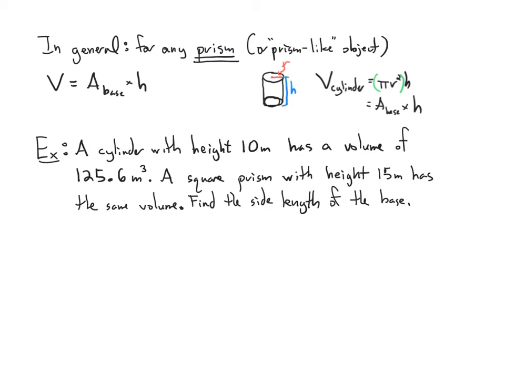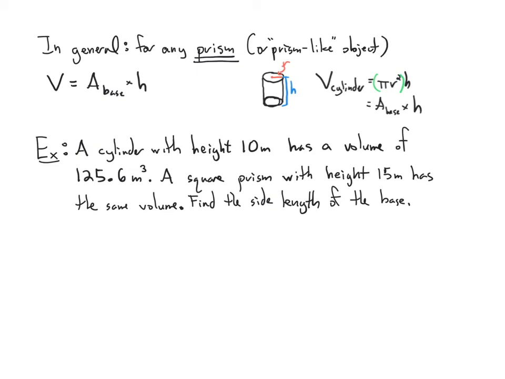So we have a little problem here. We know the following things. We know we have a cylinder. It has a height of 10 meters, and its volume is 125.6 meters cubed. Now, we want a square prism with a height of 15 meters, and we want it to have the same volume. So tell me the dimensions of that square.